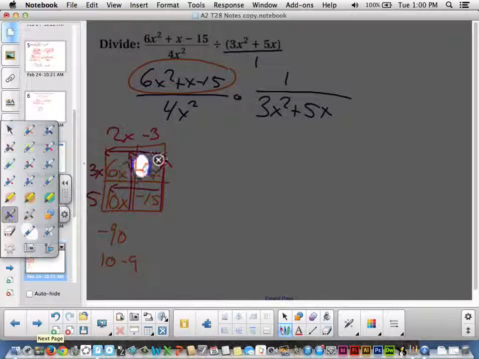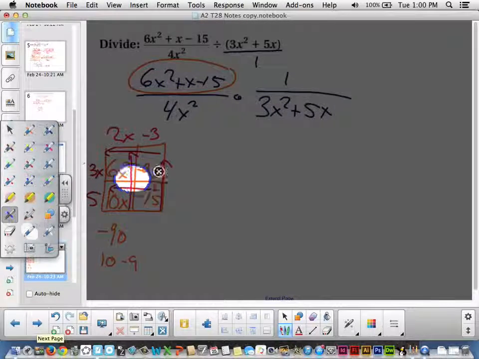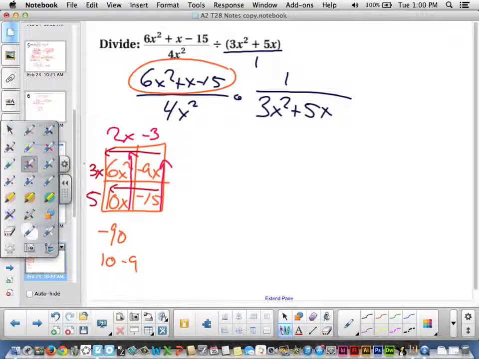We got 5 there and negative 3 there. They should combine to get negative 15, and they do. Okay, 5 here, 2x there. That should get me 10x. Okay, 3x and 2x should get me the 6x squared. 3x and negative 3 gets me the 9x. So that's my factored form for there.